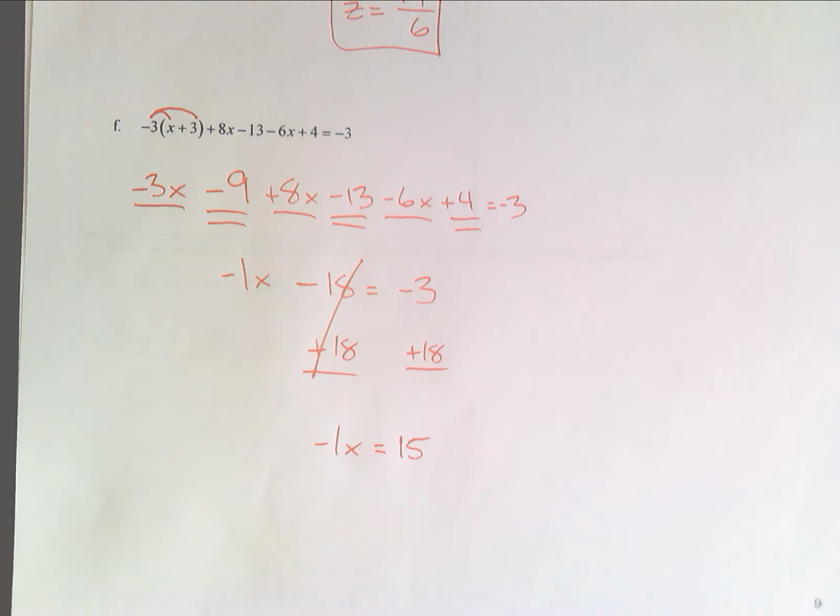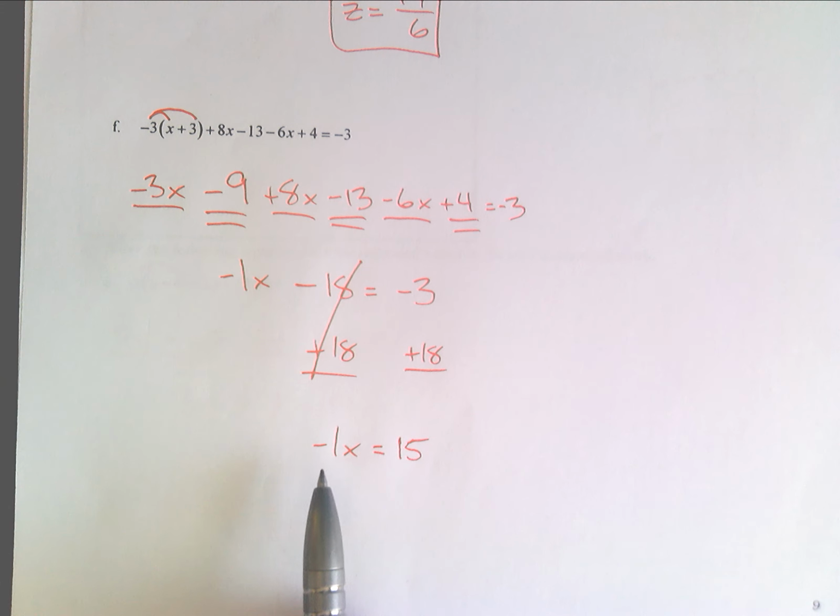And last step, another thing that I want to point out too, a lot of students will add 1. When they see this step, just be careful. What's going on with this negative 1 and the x? What's happening in between here? We have multiplication, right? You can think of that negative 1 as the number in front of the x. So in order to undo multiplication, we use division.